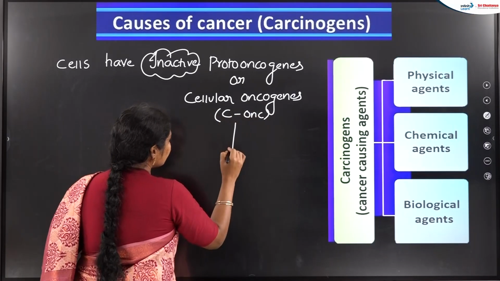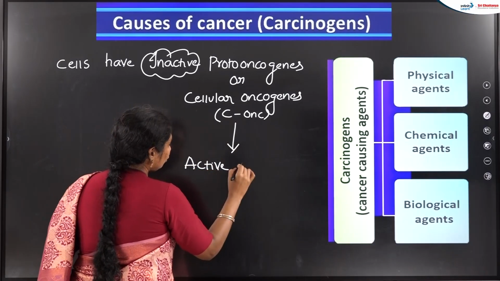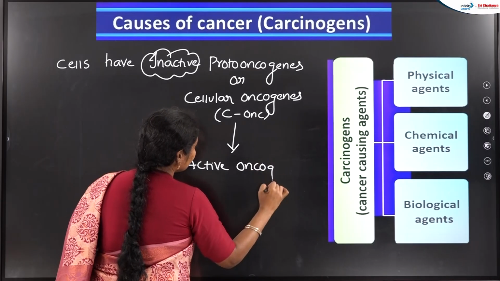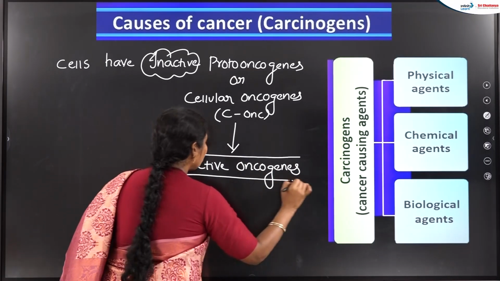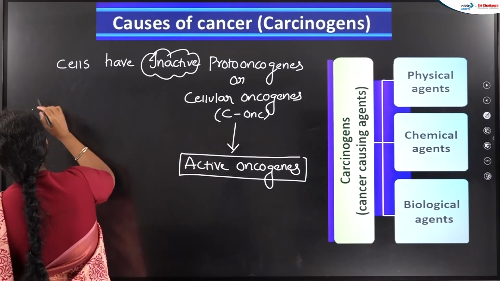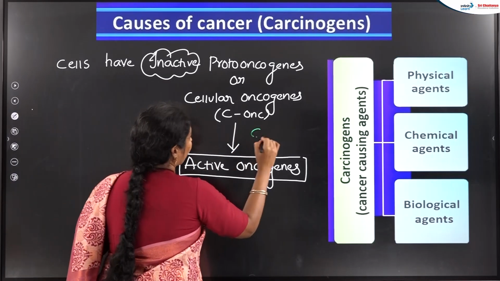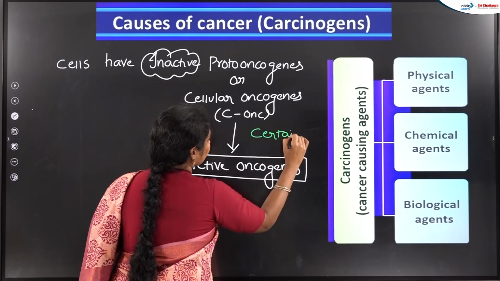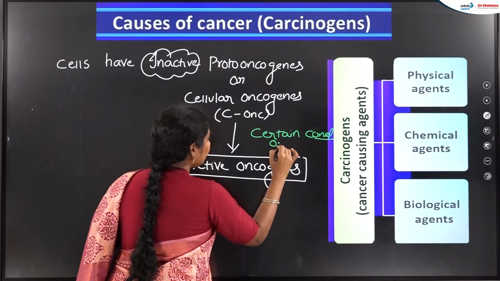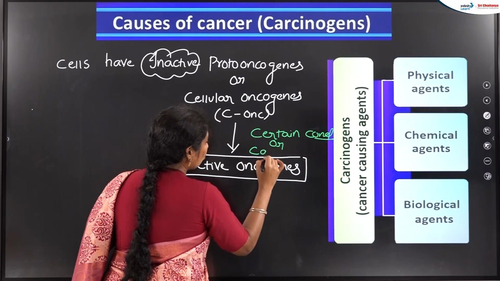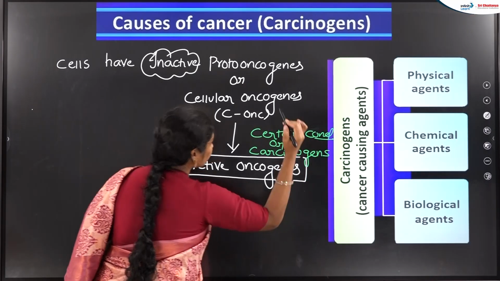These inactive oncogenes get activated and become active oncogenes. Why do they change into active oncogenes? It may be due to certain conditions, certain reasons, or some agents. Those agents are known as carcinogens.